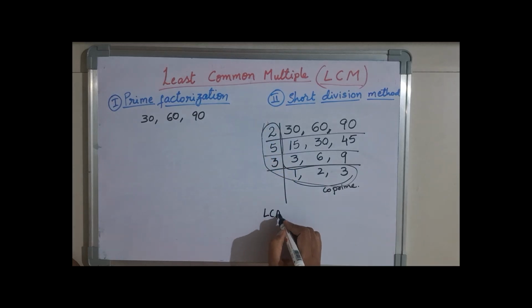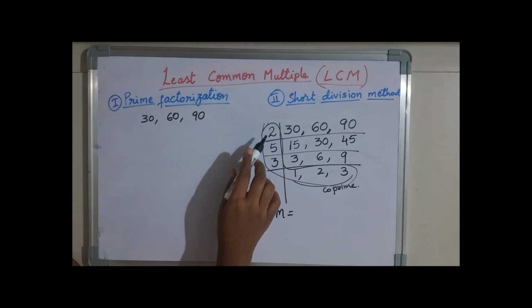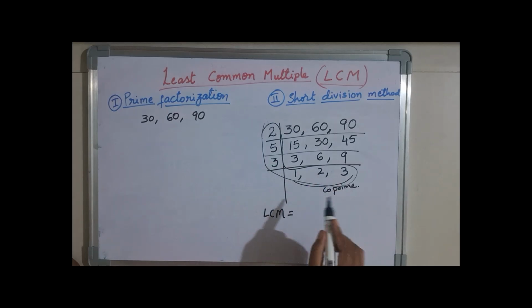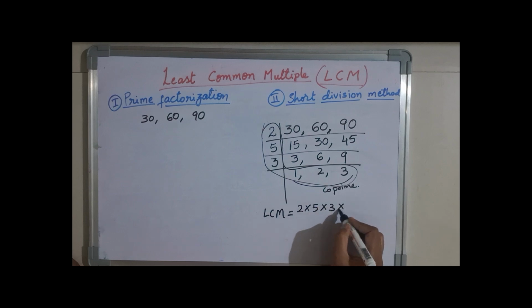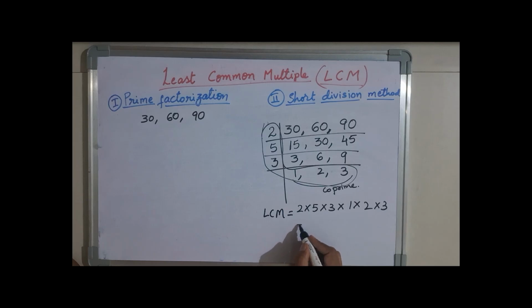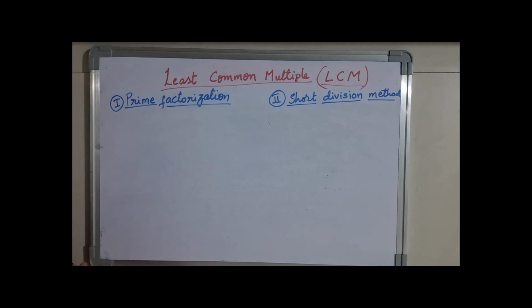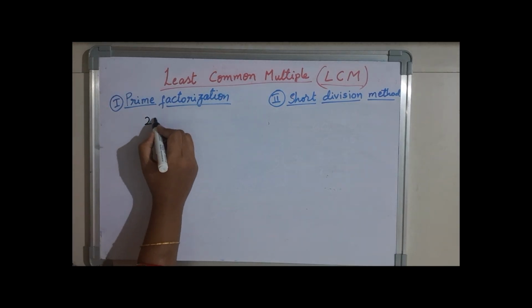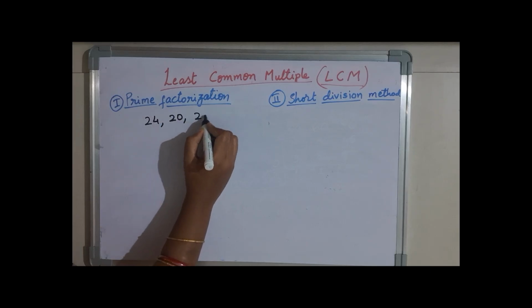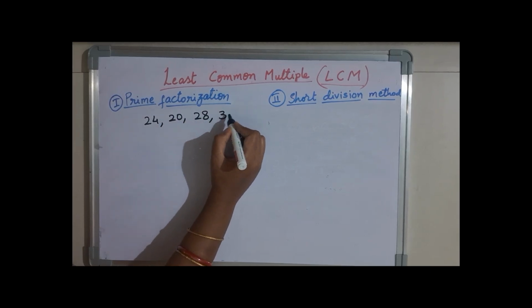So LCM is equal to 2 into 5 into 3 into 1 into 2 into 3, which is equal to 180.